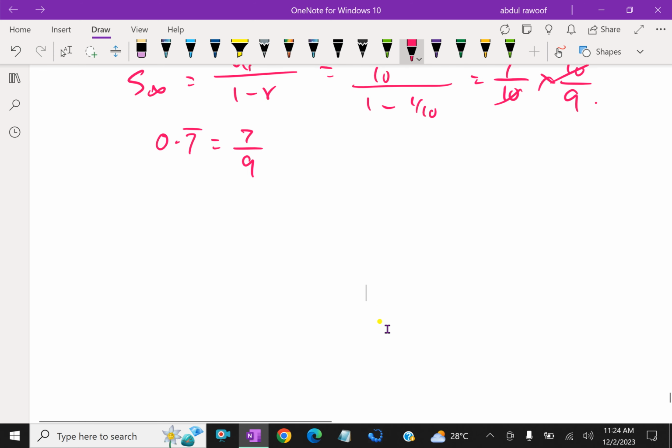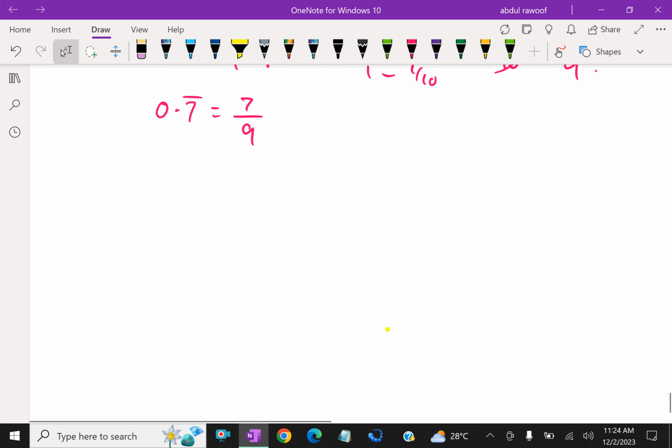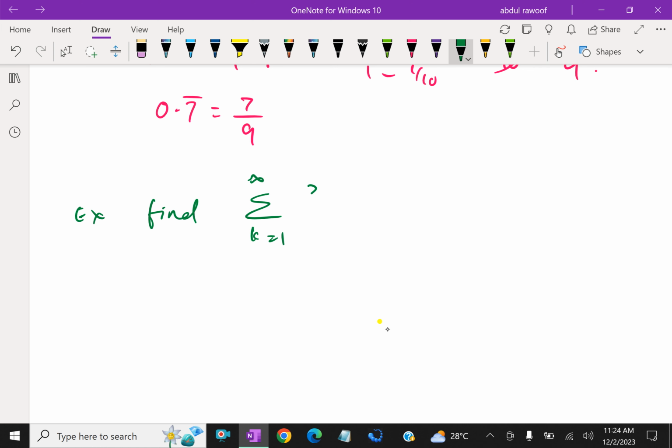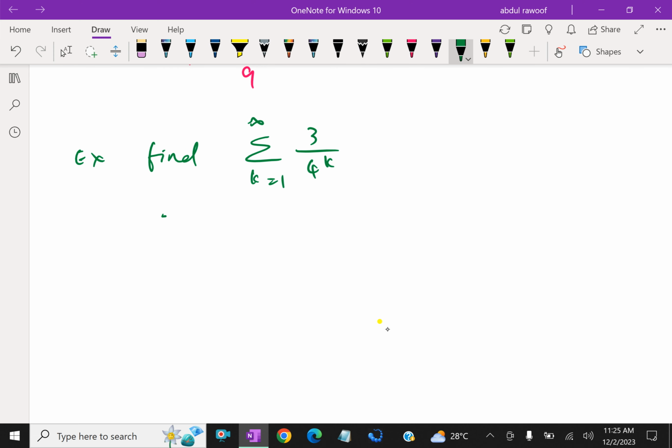Now look at one more example. Find the sum from k equals 1 to infinity of 3 over 4 to the power k. First we expand this: the first term is 3 over 4 to the power 1, which is 3 over 4.